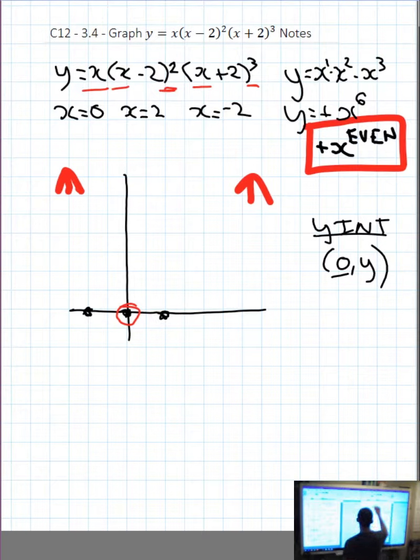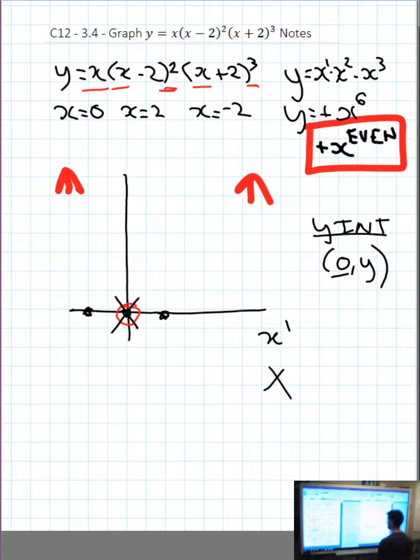Okay, so now we're going to talk about multiplicity a little bit more. So the x has an exponent of 1, so its factor goes straight through. And I do an x. I did it a little bit differently in the order in the notes. Now let's look at the factor of x minus 2. Because it's squared, it bounces off.